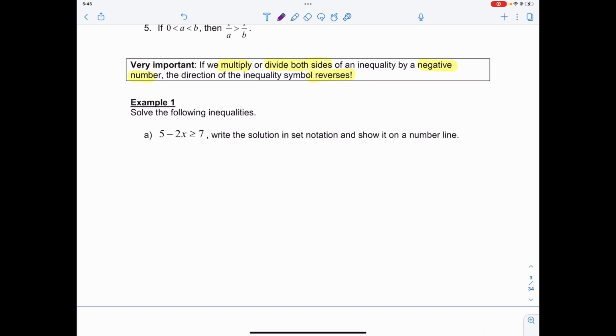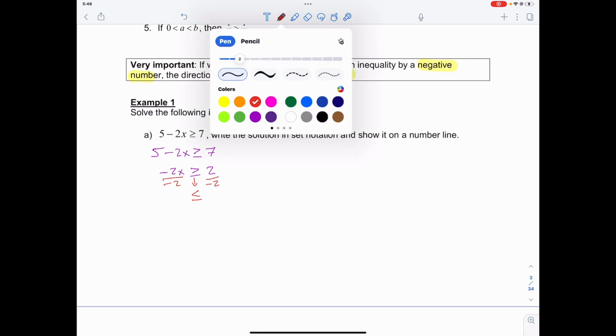So for this first example, if I said that 5 minus 2x is greater than or equal to 7, then negative 2x is going to be greater than or equal to 2, when I subtract 5 from both sides. And when I divide both sides by negative 2, remember, when I'm dividing by a negative, it's going to change the direction of that sign.